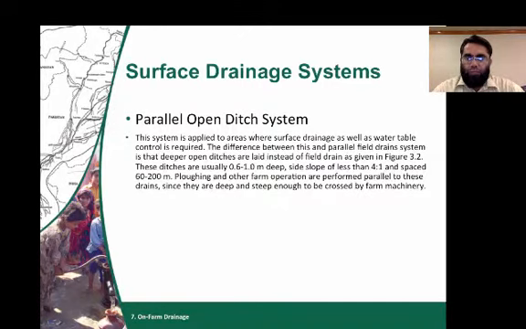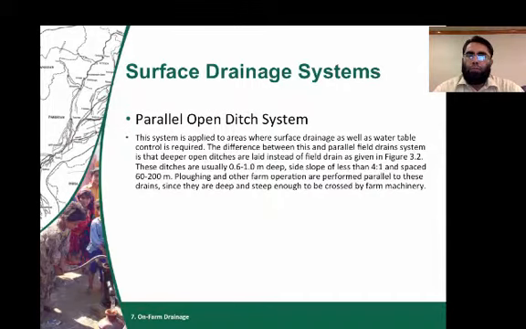Here in this case, the depth of the drain varies from 0.6 to 1 meter, and the side slope is normally less than 4 to 1, and the spacing of the drains generally ranges from 60 to 200 meter.